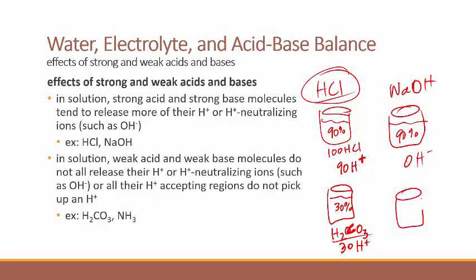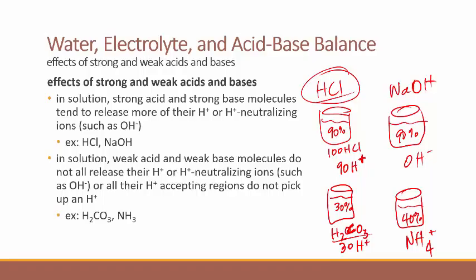It's a weaker base, and so maybe only 40% of the ammonia molecules are going to make NH4 plus and pick up those hydrogen ions that might be running around. So that's the idea of strong acids, weak acids, strong bases, weak bases.